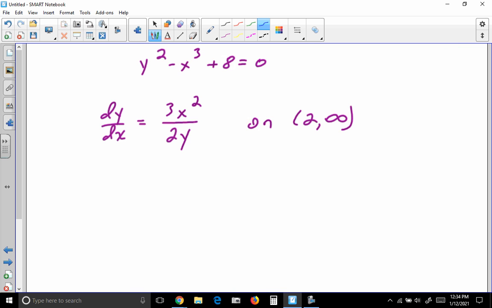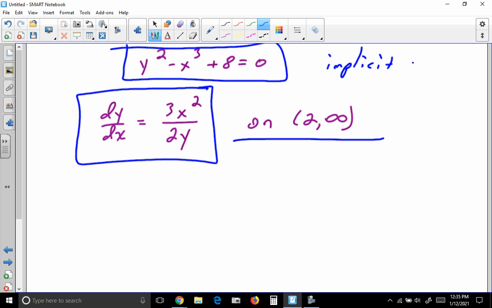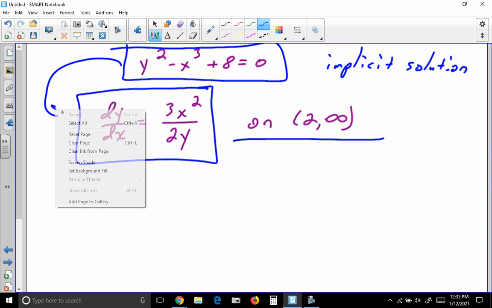Now let's look at this one. Here's our differential equation. They tell us an interval, and they want us to show that this implicit equation is an implicit solution of that differential equation on that interval.